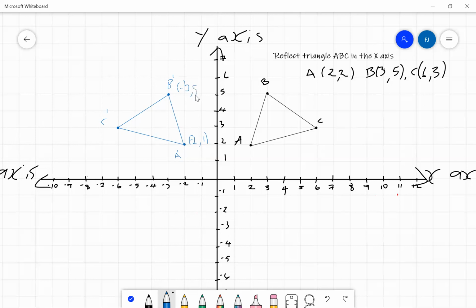C prime has coordinates -6, 3. And we have completed our question.